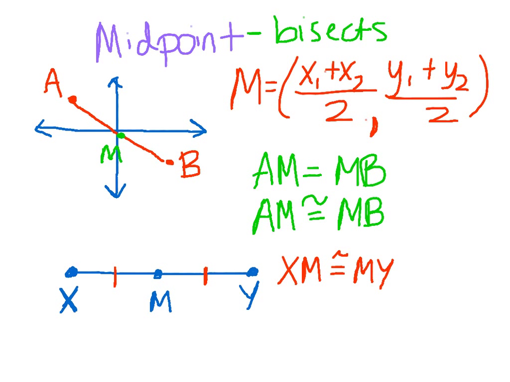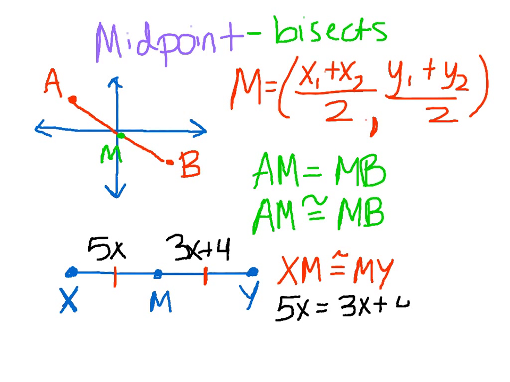If I had some algebra in here, I can start to solve a problem. Maybe they tell me that this is 5x, and maybe I know that this is 3x plus 4. Well, since M is the midpoint, and XM and MY are congruent, I can just set those two values equal, two parts of the segment there, equal and solve.